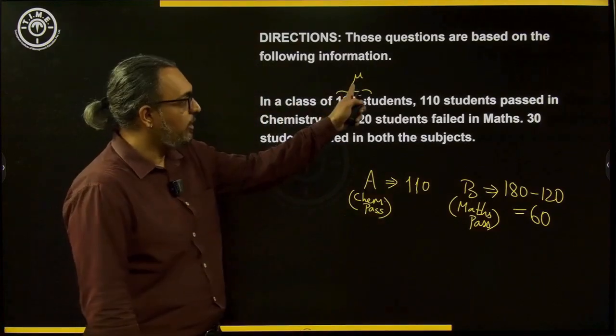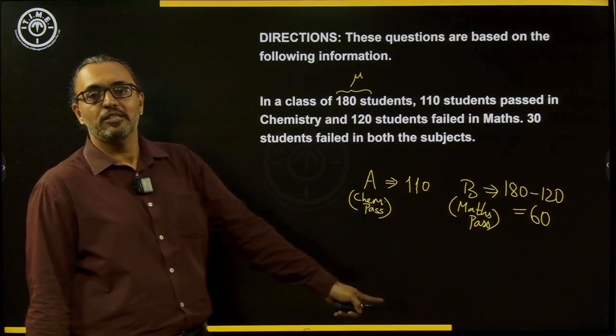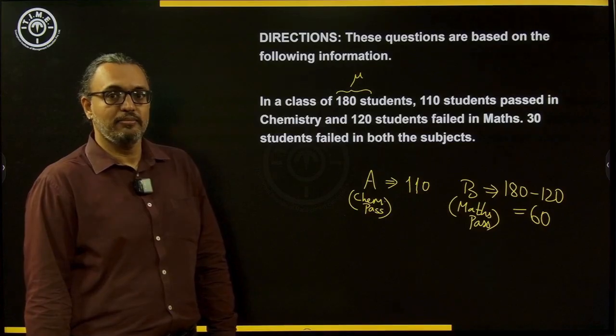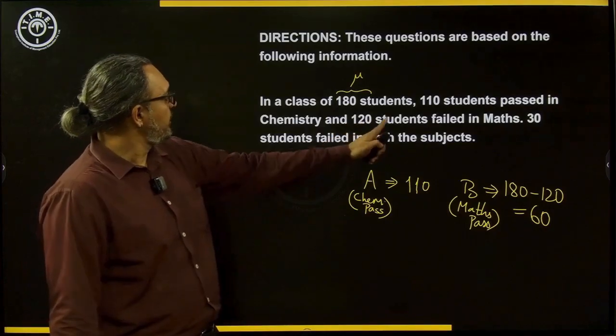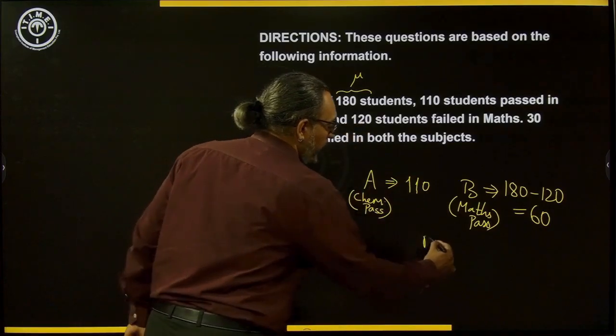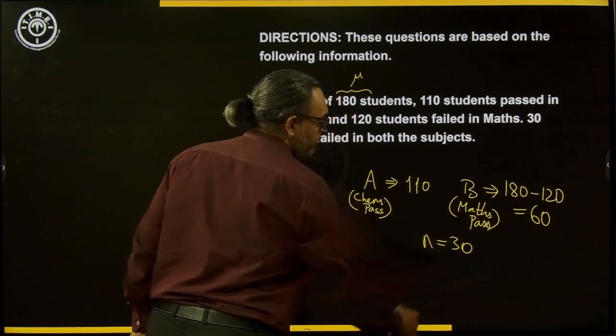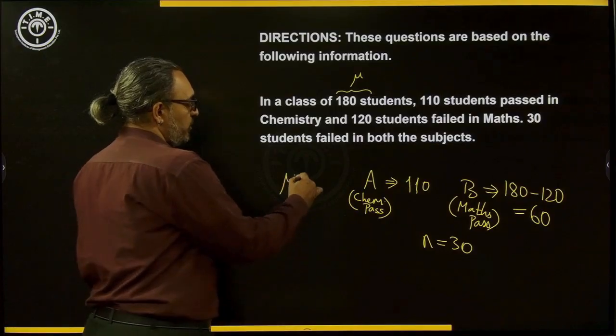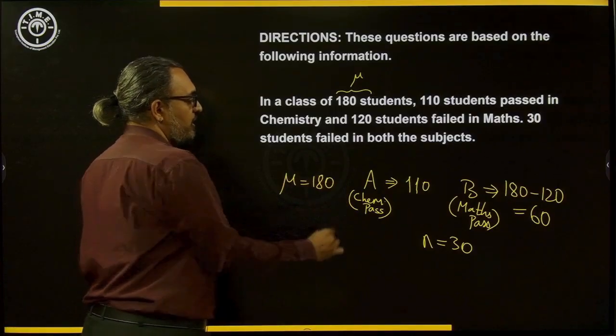From the total, you subtract the students who failed in that subject, gives you the students who have passed in that subject. Understood? And then 30 students failed in both. N value is given, 30. So these are the values that are available to us. So now let's take the diagram.